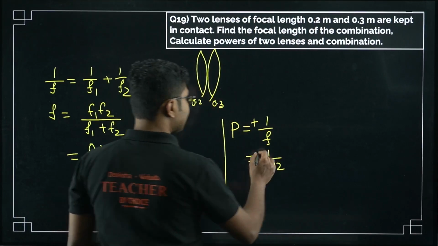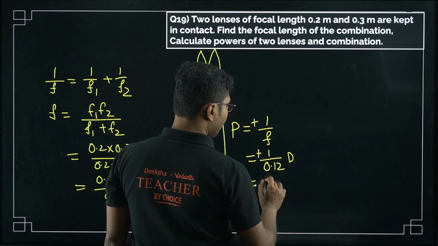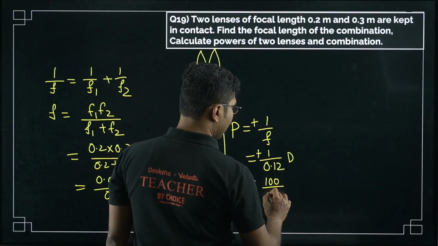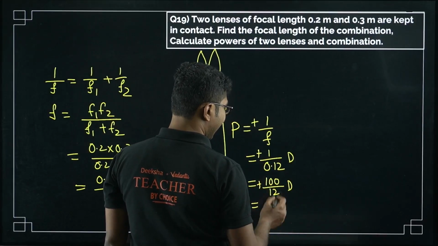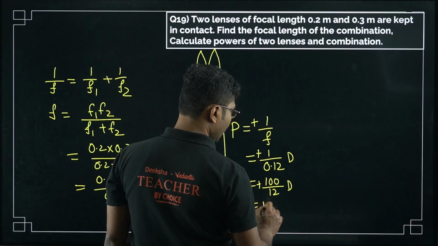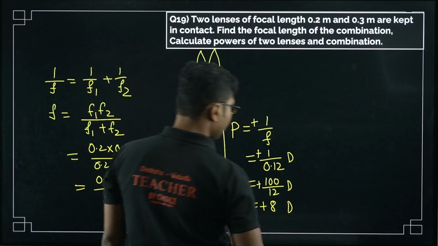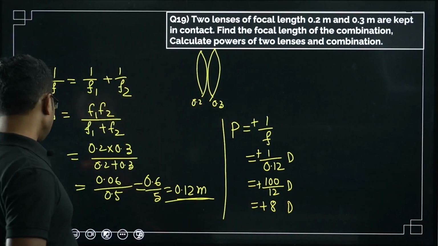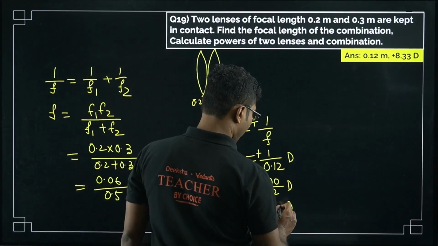Okay, so we can say this is plus, and the unit of power is diopter. It will be 100 divided by 12 diopter, which will be around 8, I think, right? 8 point something diopter. Okay, 8 12s are 96, so it will be 8.33.